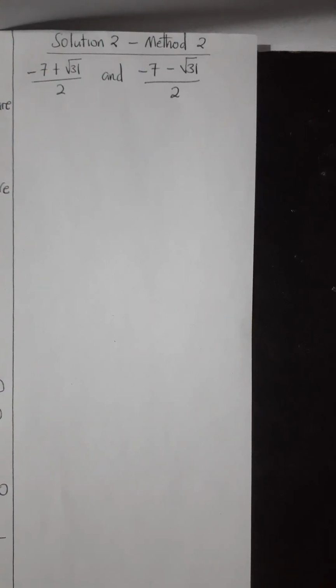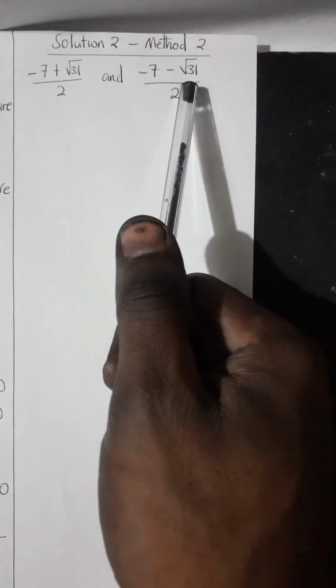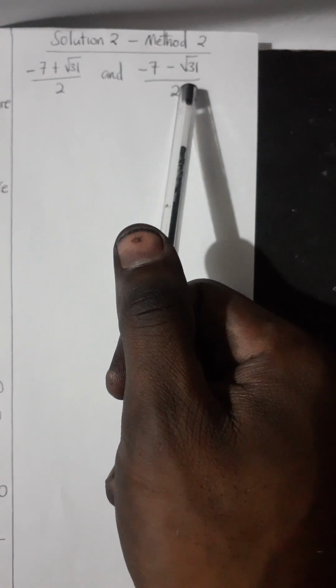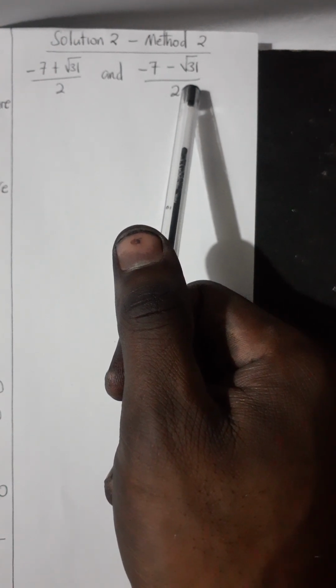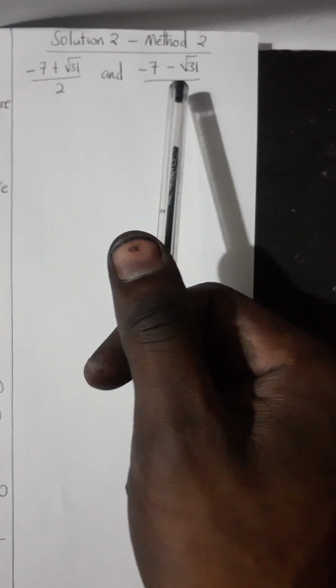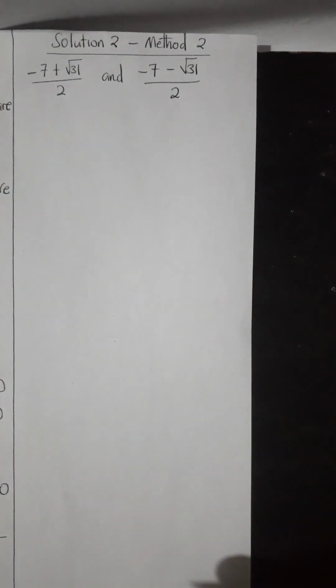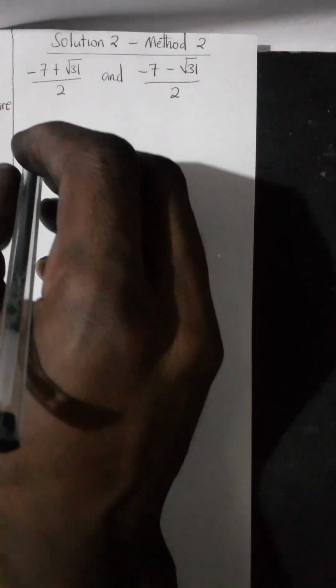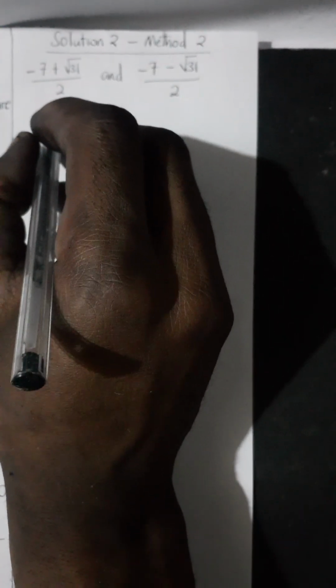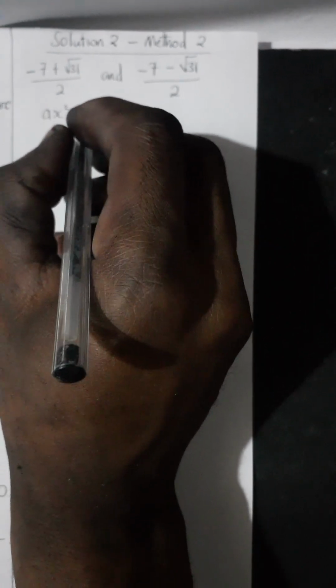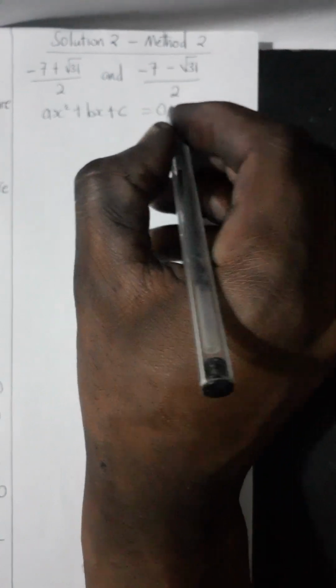This involves this x value and this x value. Now we are not going to use the method which we solved, but we want to use something different. What's that? All quadratic equations follow this general format: ax squared plus bx plus c equals 0.